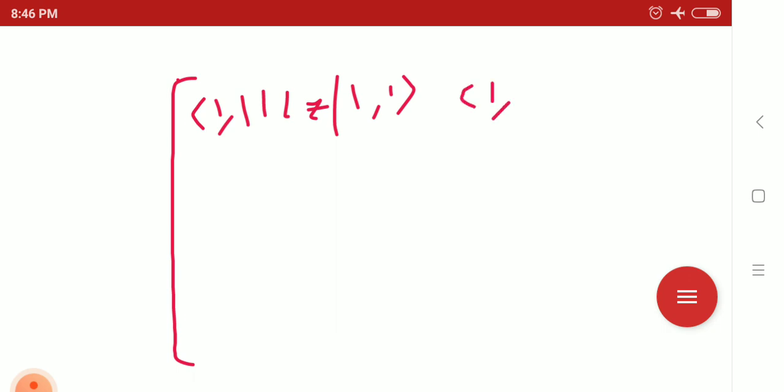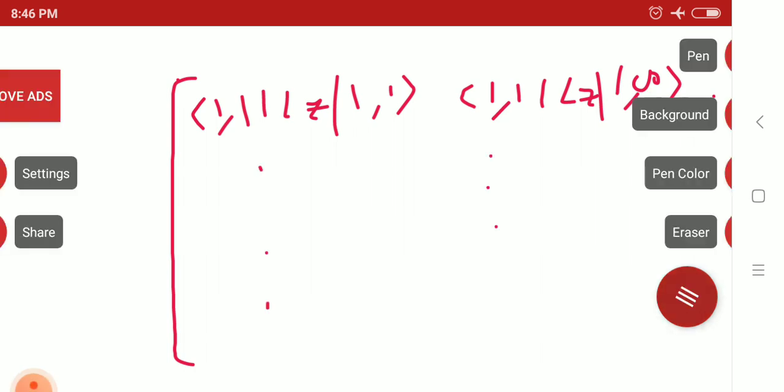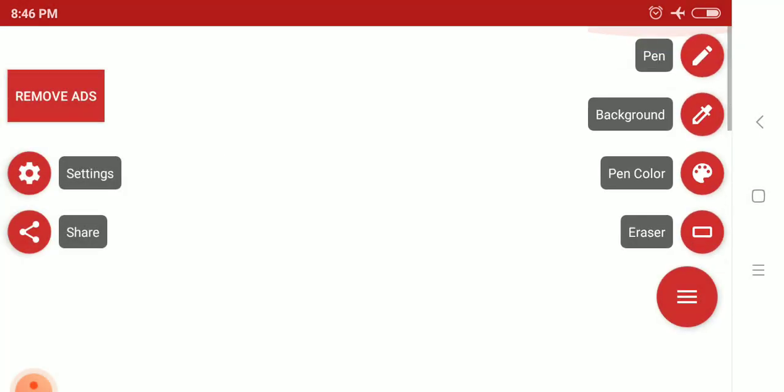Similarly 1 1 LZ 1 0. In the third row it will be 1 1 LZ 1 minus 1. So in a similar way, let me write in a big space, otherwise it's not fitting here.